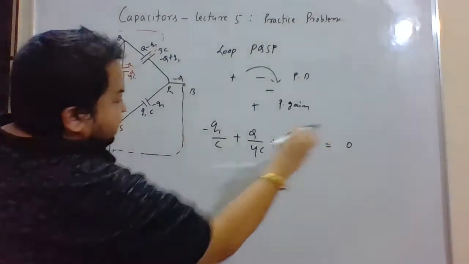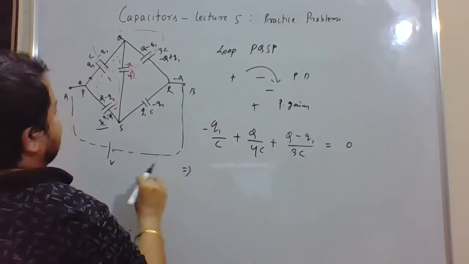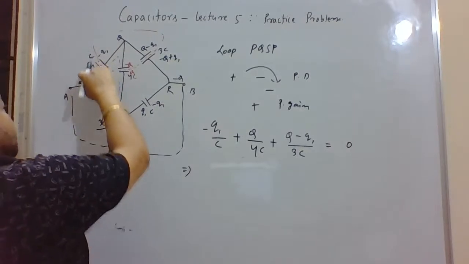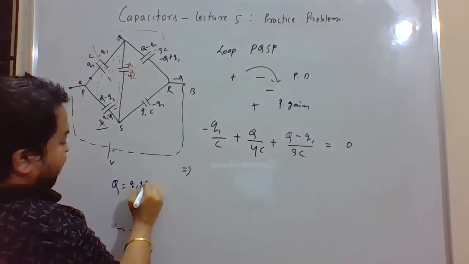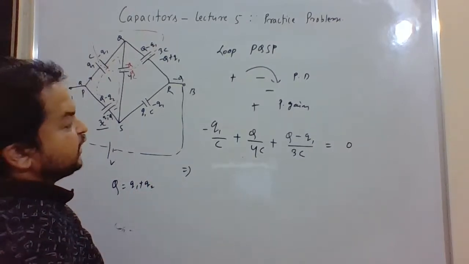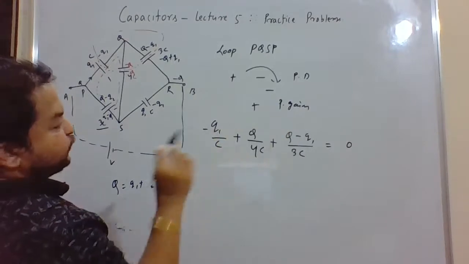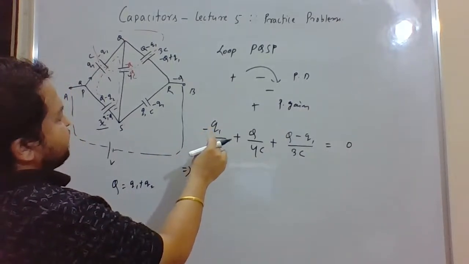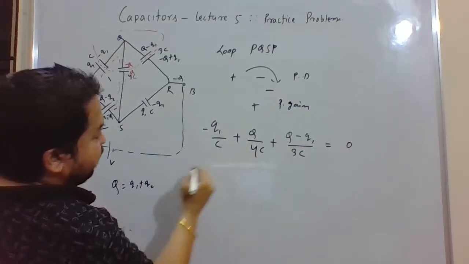Now let us solve it. We know Q is divided into Q1 and Q2, so obviously we can say Q is nothing but Q1 plus Q2. So let us eliminate Q in terms of Q1 and Q2, so that things will be a little easier. Or if you want, you can eliminate Q1 and Q2 in terms of Q. So let us first solve it.